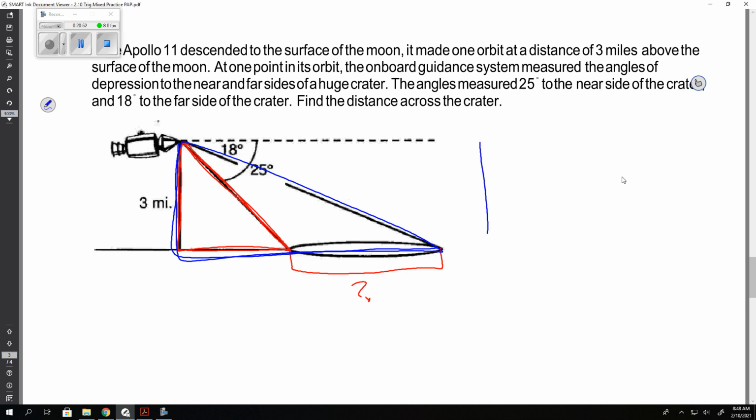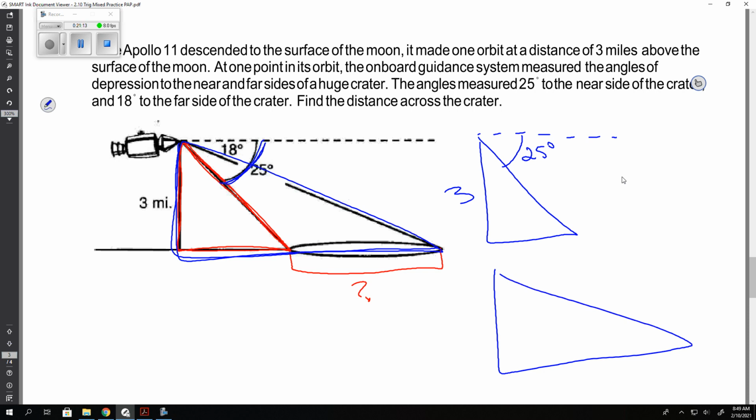For the small one, you can see the 25. And they're 3 miles above. And then you've also got the measurement that goes to the far side of the crater, and that comes from that 18-degree angle of depression.